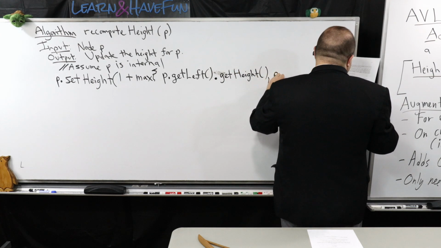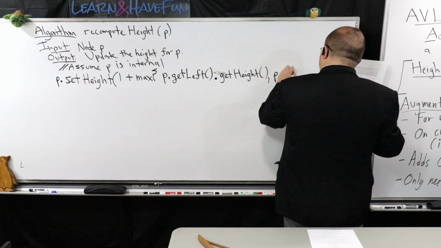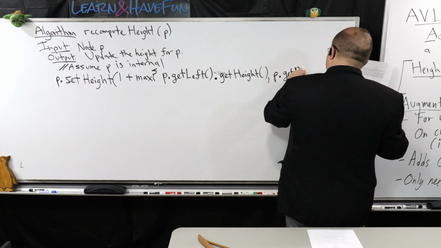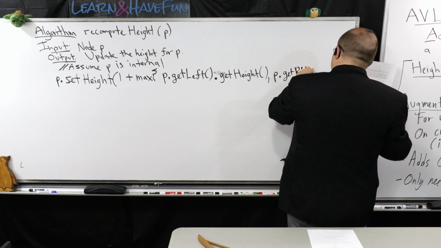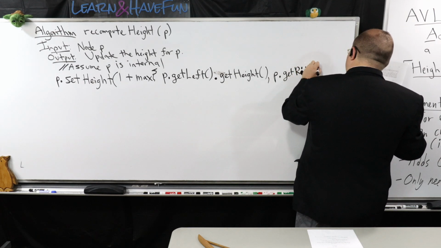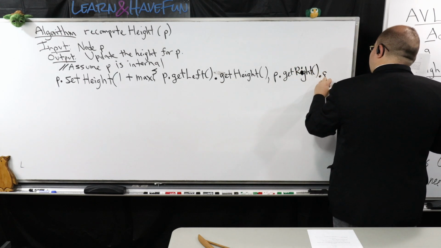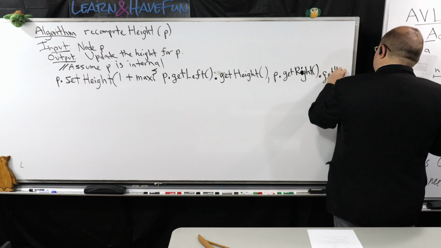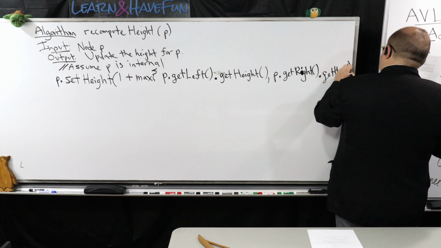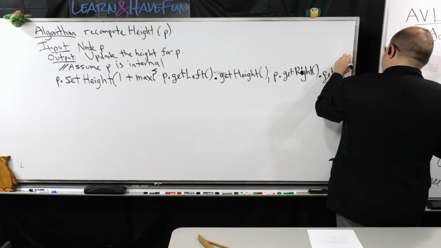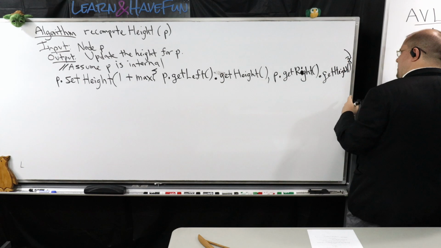The other value is going to be P dot get right, so I'm going to get the right child, and then I'm going to get its height. And then I take the maximum of these.